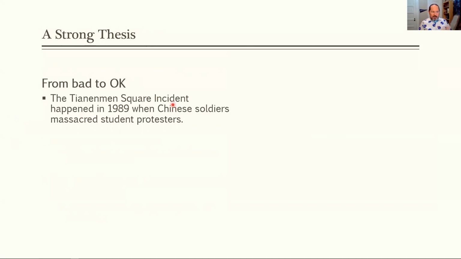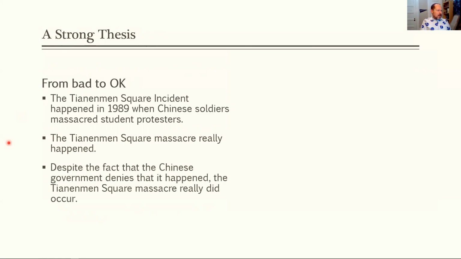So moving on from just an informative statement, "The Tiananmen Square massacre really happened." Okay, well, still, it's just saying it happened, right? The word "really" at least indicates somewhere someone must be saying it didn't really happen. So saying it really happened is kind of on the right track, but this is still not a strong thesis.